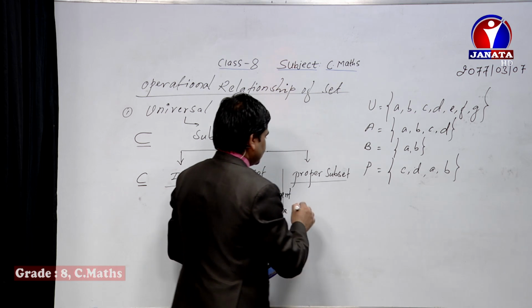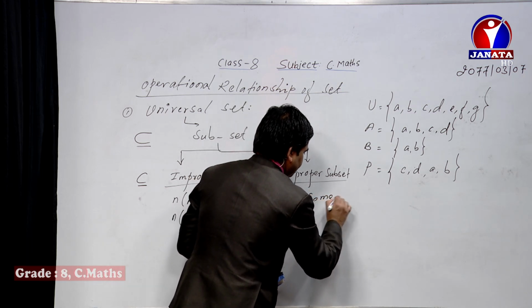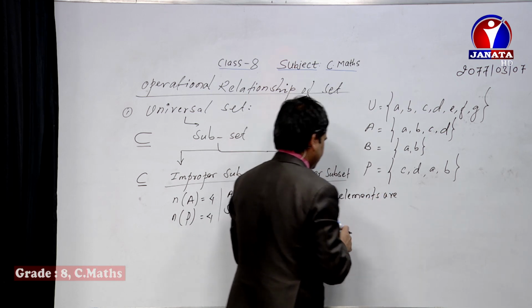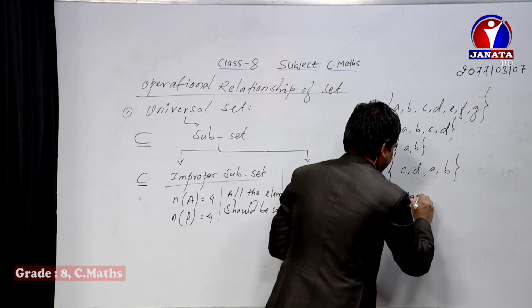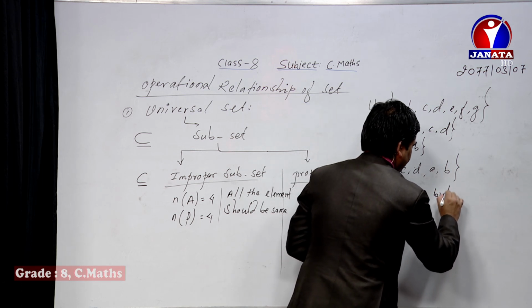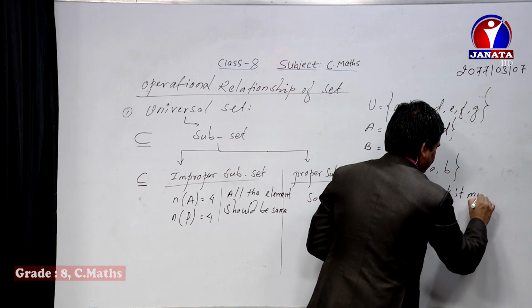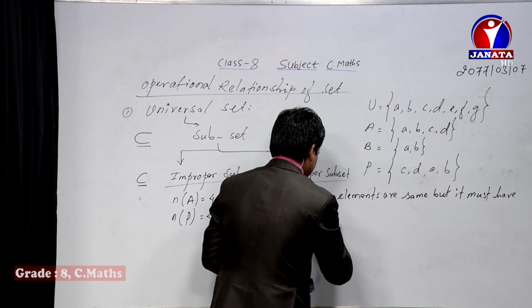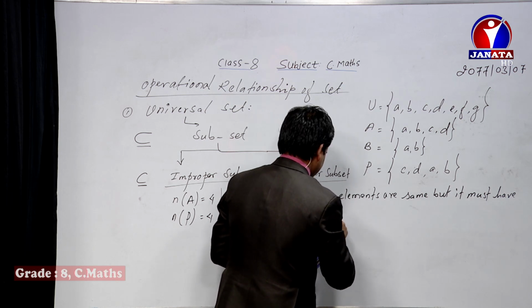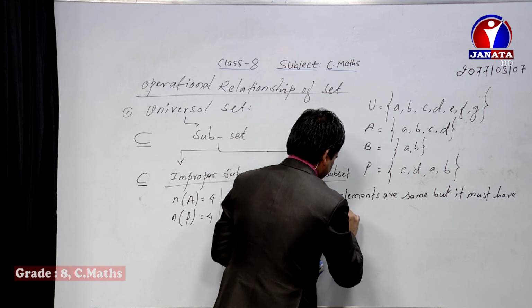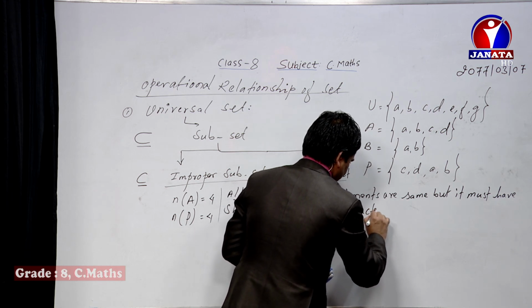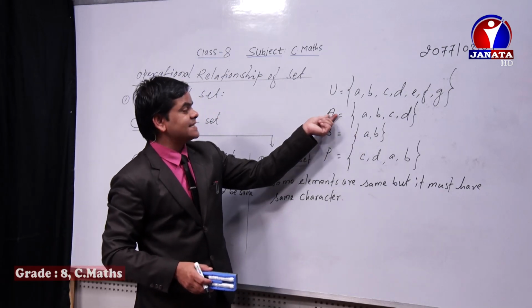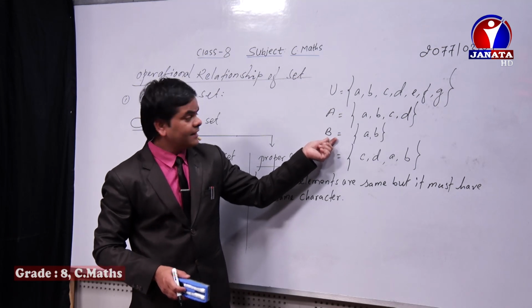It means some elements are the same, but it must have the same character. That means look, if you compare set A and set B, what can you find out?